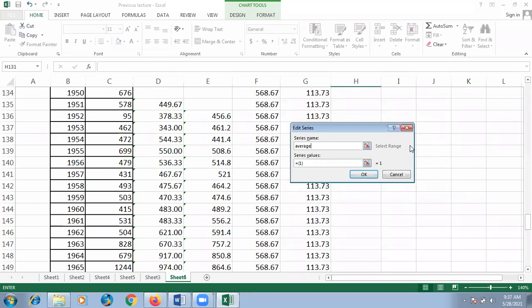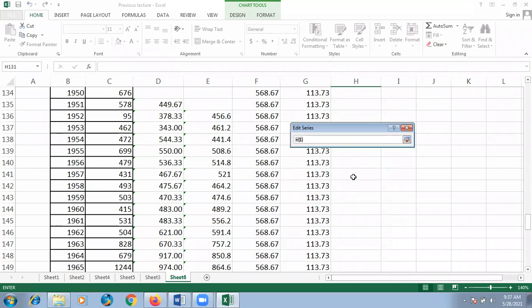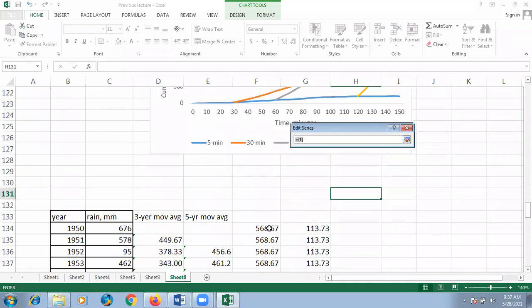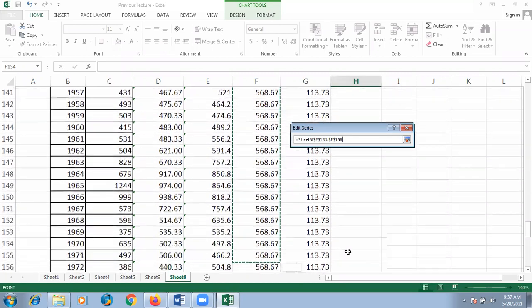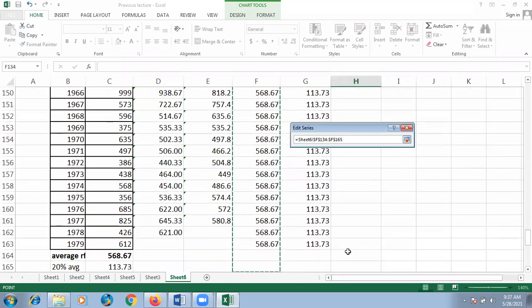Average is average rainfall, 568.67 mm. Then the series I would take from here.